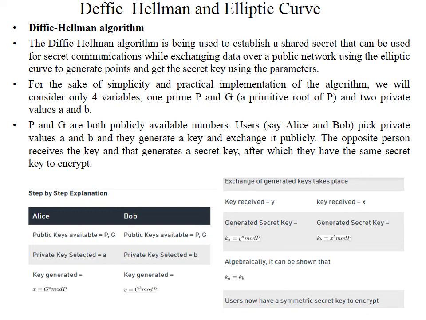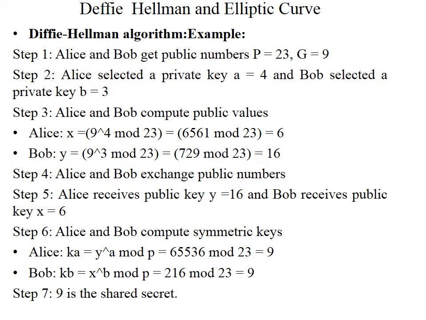Key received by Alice is Y and key received by Bob is X. Now the generated secret key Ka is equal to Y to the power of A mod P, and the generated secret key by Bob, Kb, is equal to X to the power of B mod P. So algebraically it can be shown Ka is equal to Kb, and users now have a symmetric key to encrypt because they are the same secret keys.